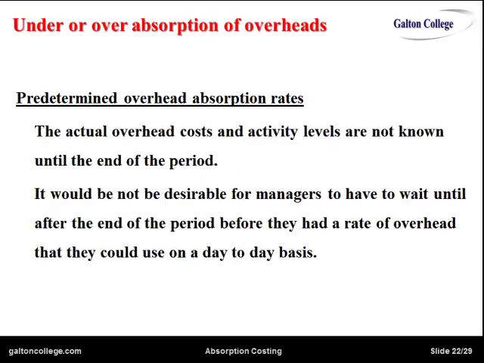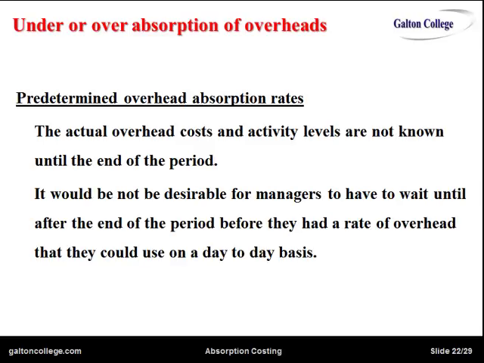The actual overhead costs and activity levels are not known until the end of the period. At the end of the period, it's possible to reconcile the budget with the actual. It would not be desirable for managers to have to wait until the end of the period before they had a rate of overhead that they could use on a day-to-day basis.